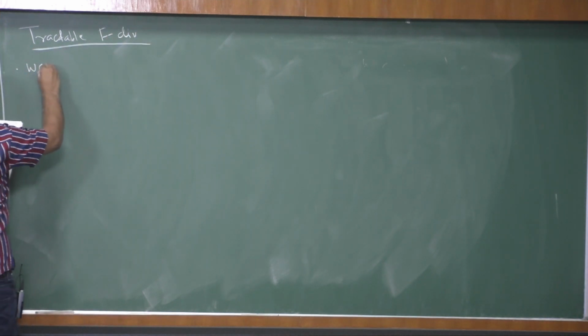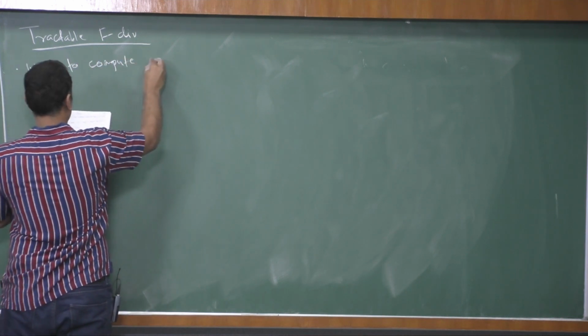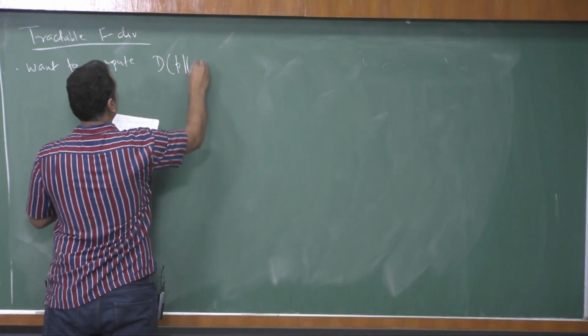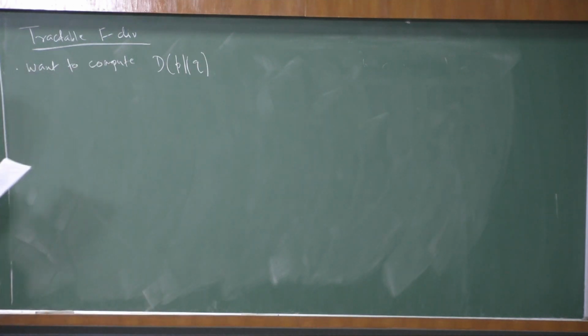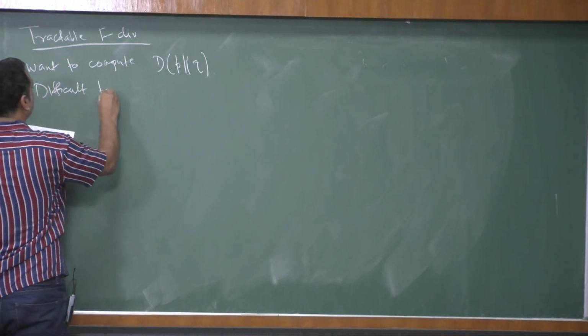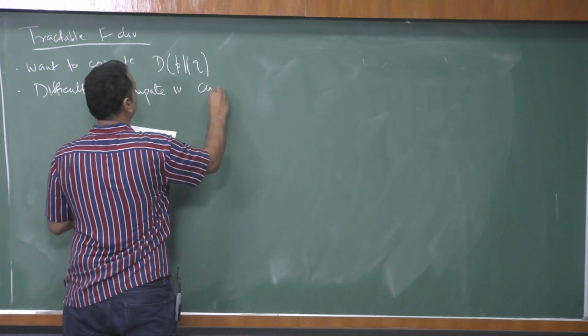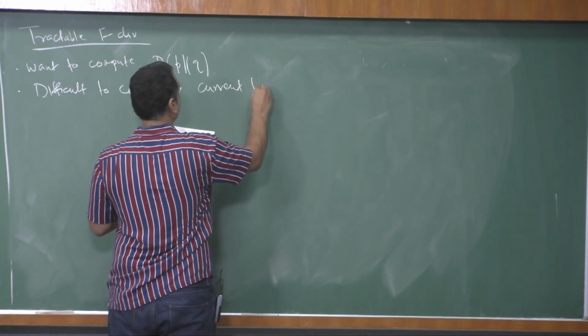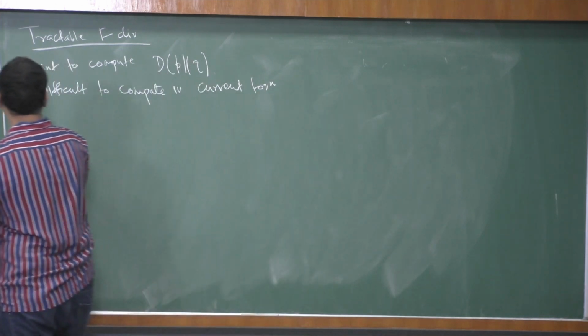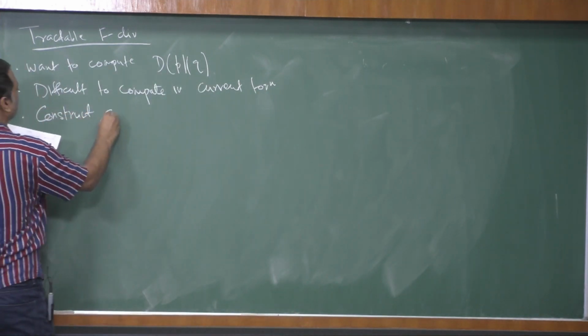We want to compute D(P,Q), and that is difficult to compute in the current form. So our idea is to construct a lower bound of that.